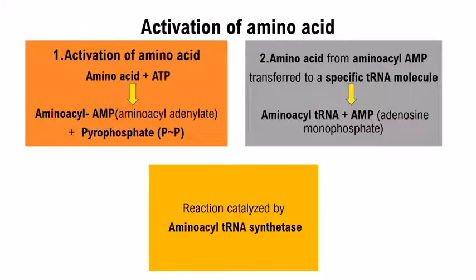Both the steps, that is interaction of amino acid with ATP to yield the amino acid AMP complex, and the attachment of the amino acid from the amino acid AMP complex to a specific tRNA molecule with release of AMP, are brought about by the enzyme that is called amino acid tRNA synthetase.